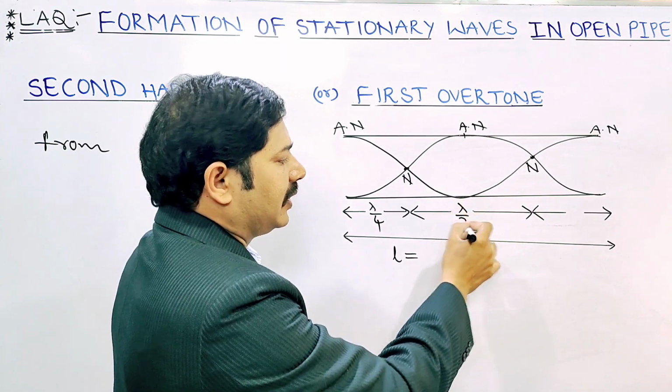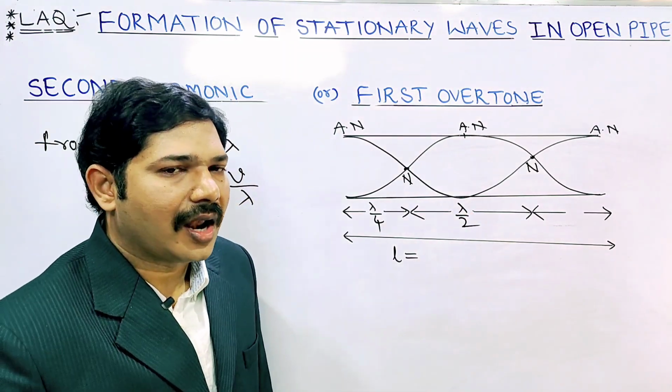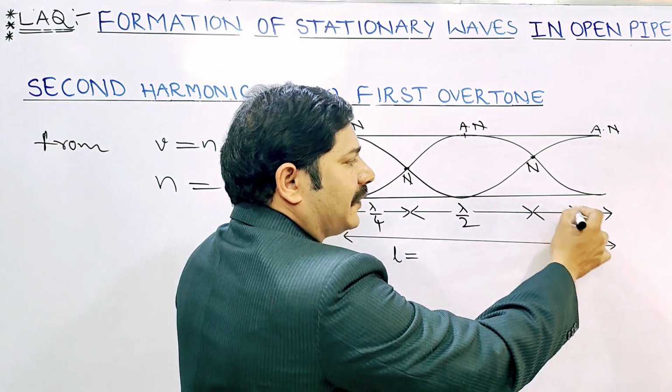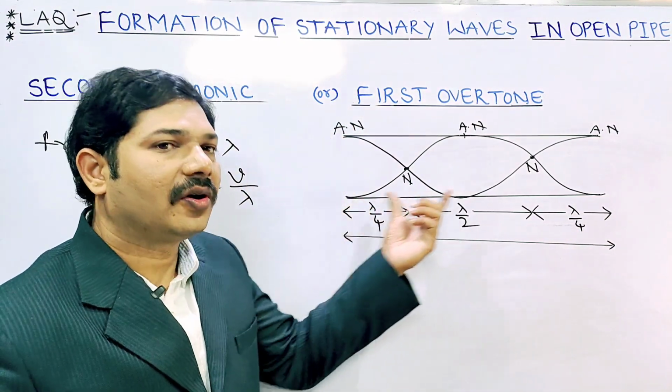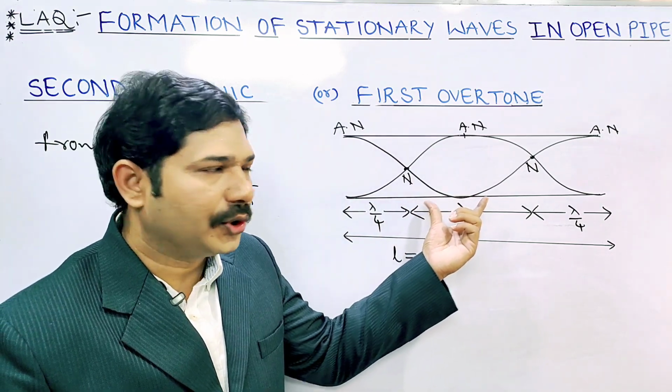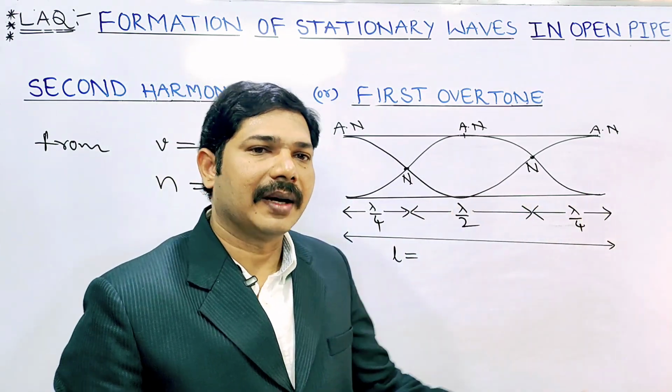So we know that half of the segment, what is the length? Lambda by 4. Complete segment is there, lambda by 2. Here another half is there, lambda by 4.